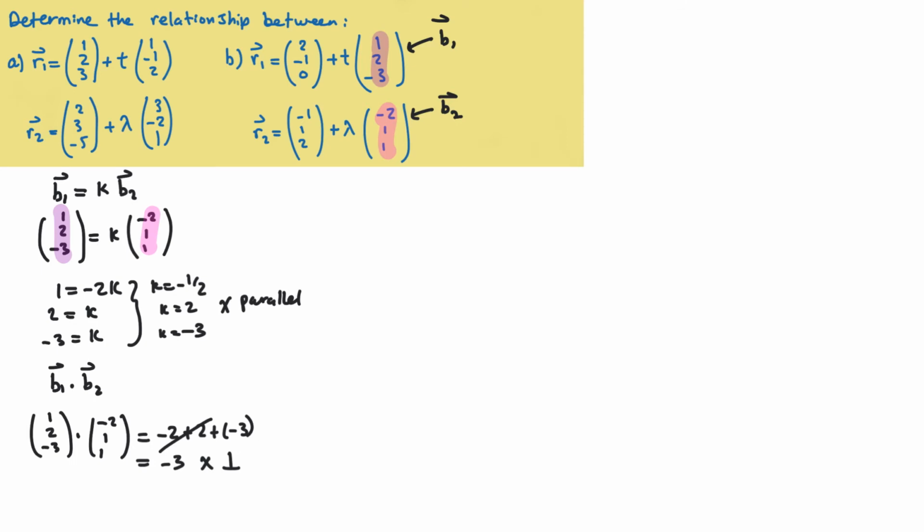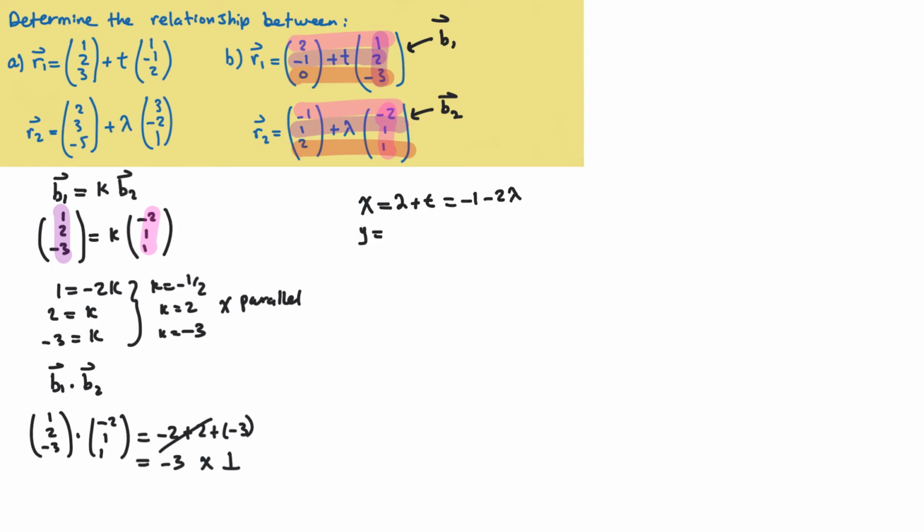Let's check for point of intersection. So we're going to use the x values, the y values, and the z values. For x, x1 is equal to 2 plus t times 1, which is 2 + t. And for r2 or x2, it is equal to -1 plus lambda times -2, so that's -1 - 2 lambda.